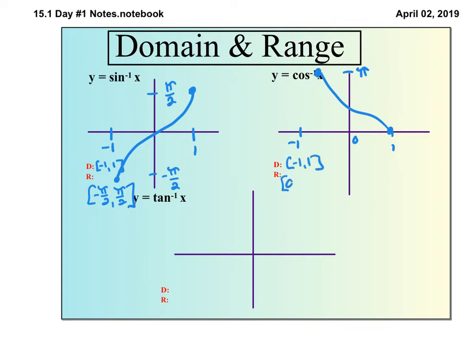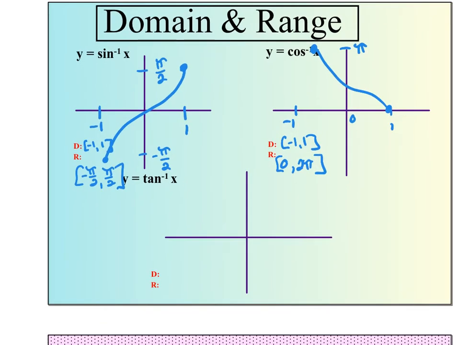Range is from 0 to 2 pi. Okay, last one is tangent. If you remember, we went from negative pi over 2 to positive pi over 2 on the x-axis. Now that's on the y. And that's where our vertical asymptotes were. Now that's where our horizontal asymptotes are going to be.